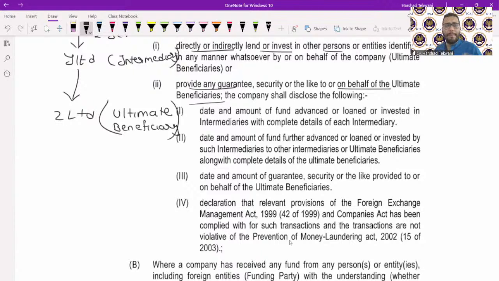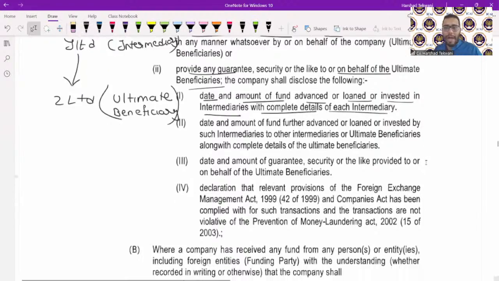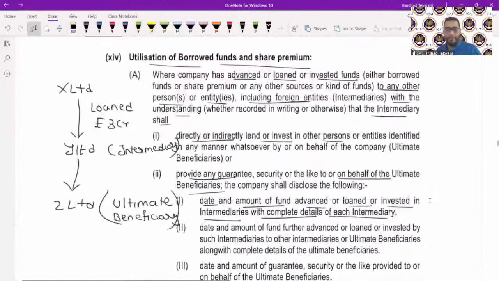If yes, then the company shall disclose the date, amount of fund advanced or loaned or invested in the intermediary with the complete details of each intermediary. Means how much of the amount I have given to Y Limited.